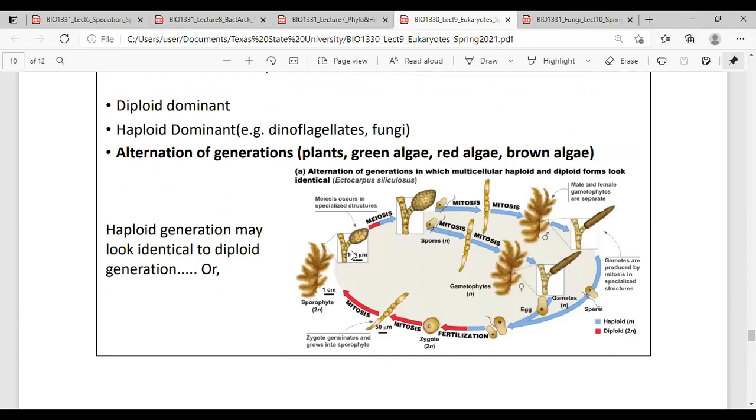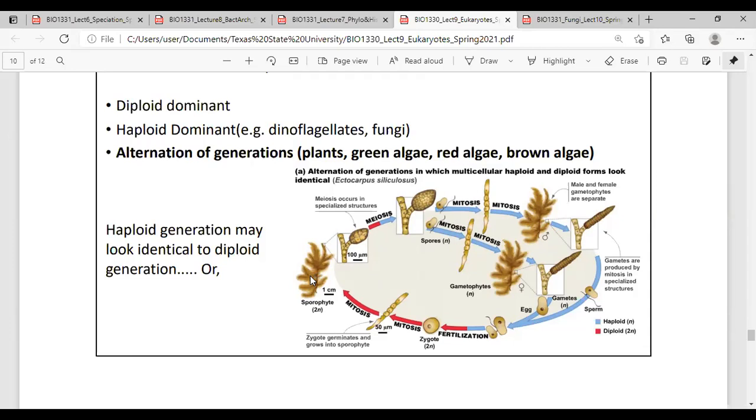Here's our structure that releases these little, somebody help me, spores, sorry. They release the spores, then they undergo mitosis, which is different than meiosis, and they become these male and female gametophytes. The interesting part is that in this specific cycle, the gametophytes can look exactly like the sporophytes.